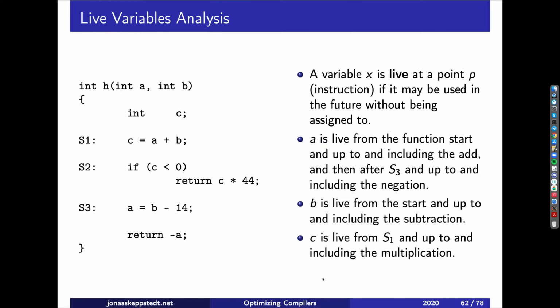So let's see if this B here is defined at the call, so it has a value from the beginning, and then here it is used, so it may be used, and after this return it may still be used, so it is used for most of the program. This A is used here, but this is a different value of the A.